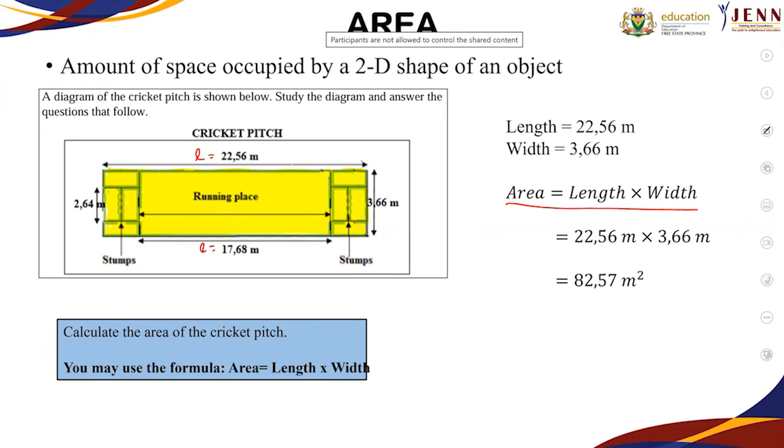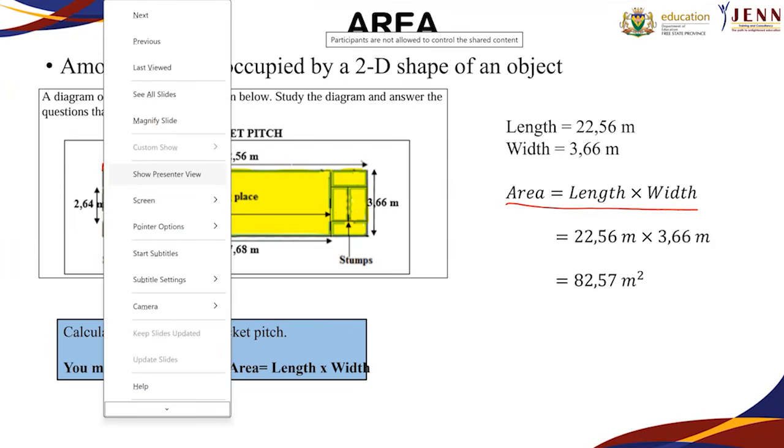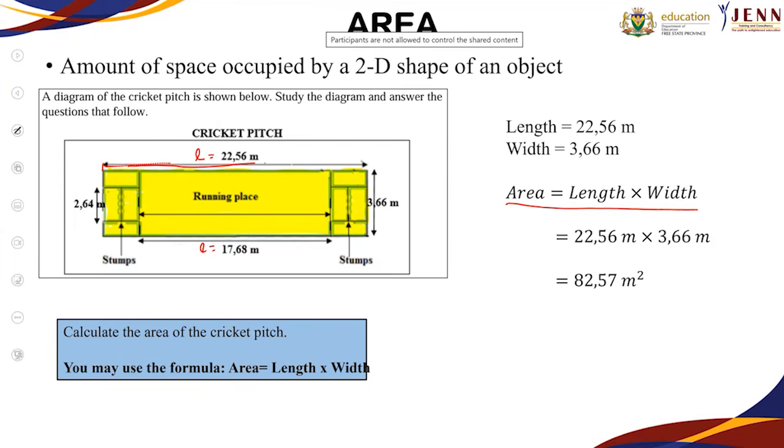So you need to be aware when you read your question, what is your question talking about? So the length of the cricket pitch starts from one corner to the next. So that is the length of the cricket pitch. Now the length is 22,56 centimeter.